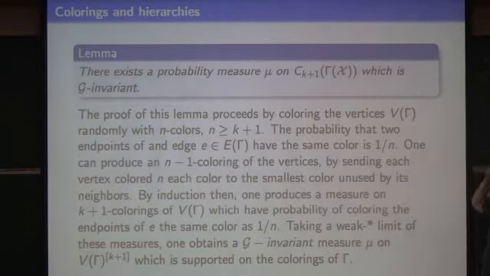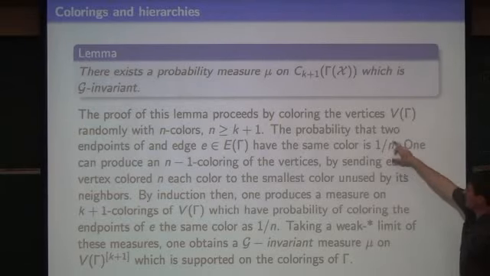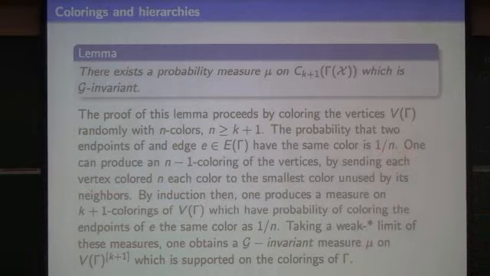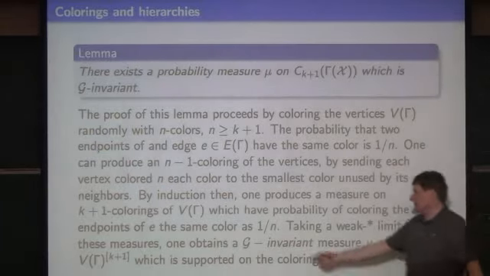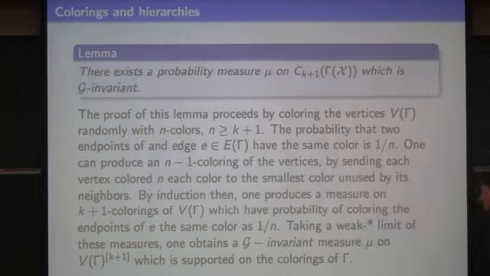But it's a coloring of the vertices, which is G equivariant, but it only has this discrepancy of 1 over n. So I can produce a k plus 1 coloring by this inductive process, and I can push the measure down. So the probability that I colored the endpoints of an edge the same is at most 1 over n.